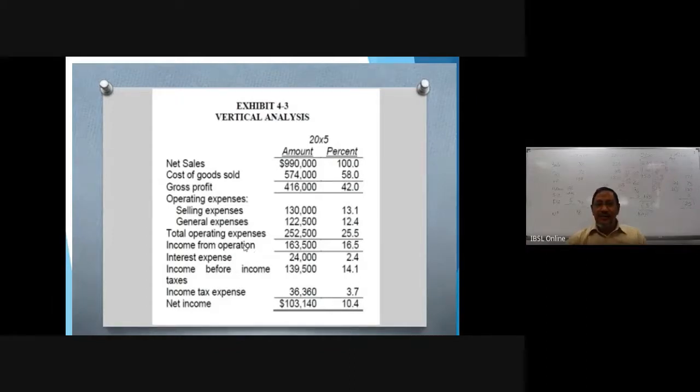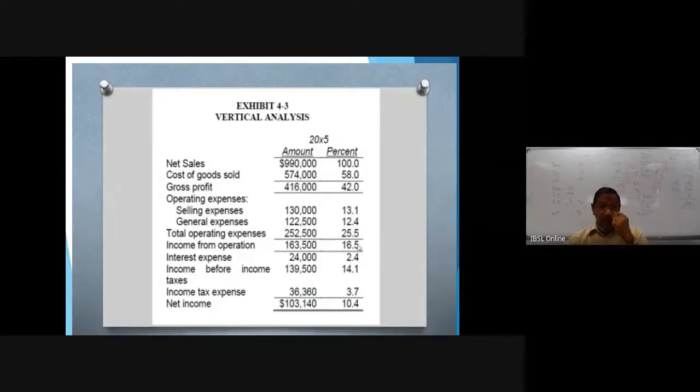The income from operations: 416 minus 252,500 equals 163,500. Gross profit minus expenses is income from operations. 42 minus 25.5 is equal to 16.5. In other words, income from operations 163,500 is 16.5% of sales.